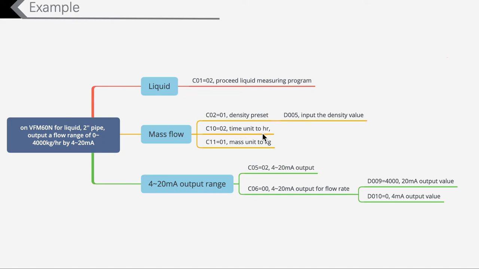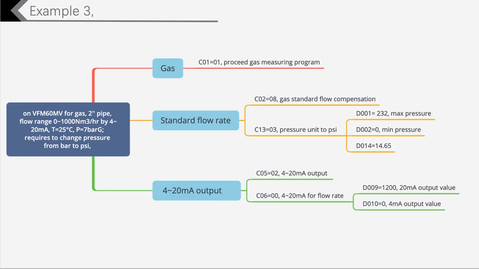Time unit is hour, mass unit is kilogram, and output here we select to use 4 to 20 to output flow rate. And in digit setting, we also need to set a range of the 4 to 20 range, that is 0 to 4000. This is a button setting.